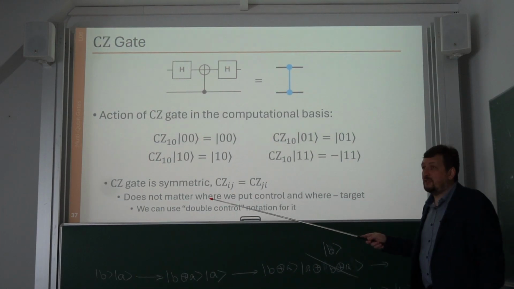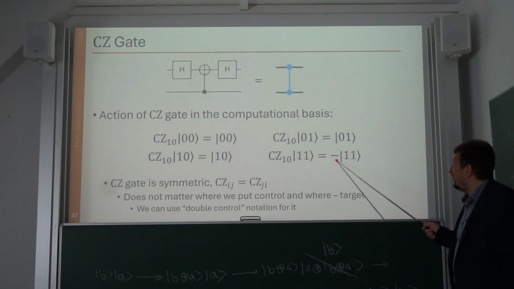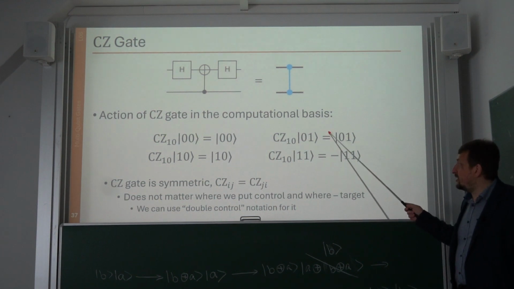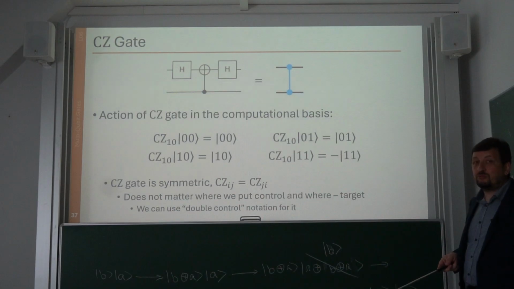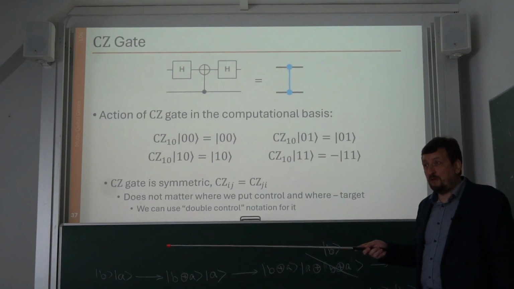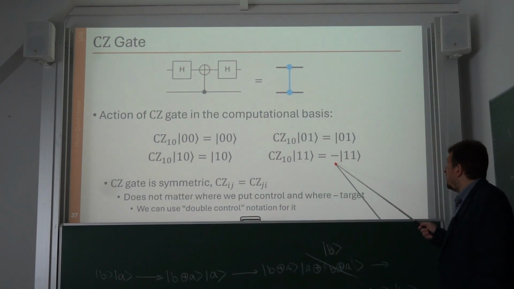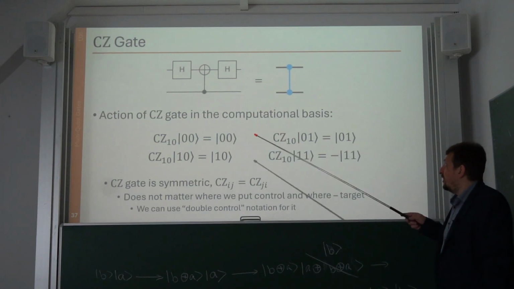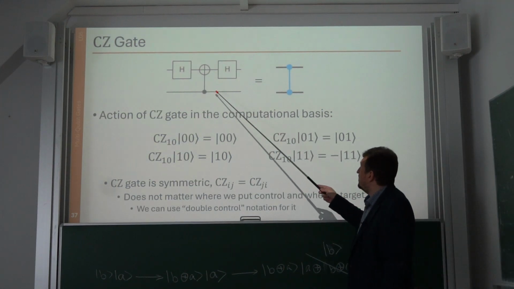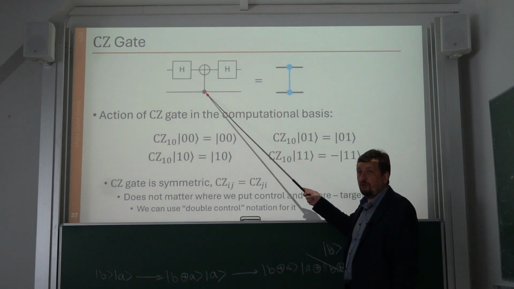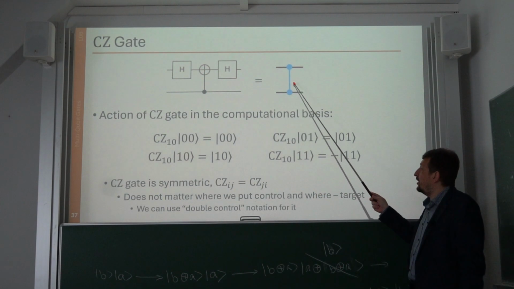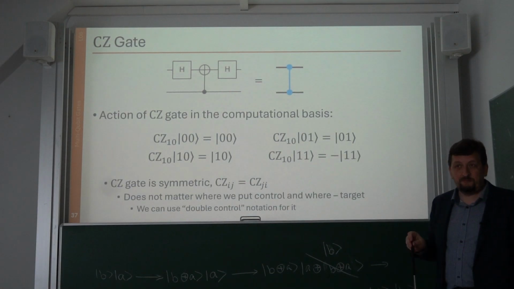Nothing happens in these three cases, but phase of one state changes. And this truth table is symmetric, because we change phase only for the state in which two qubits are 1, 1. Therefore, for such control Z gate, it does not matter whether we have control here or control there. And we can use symmetric notation for this.